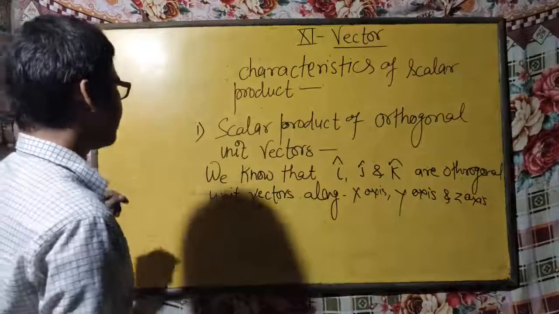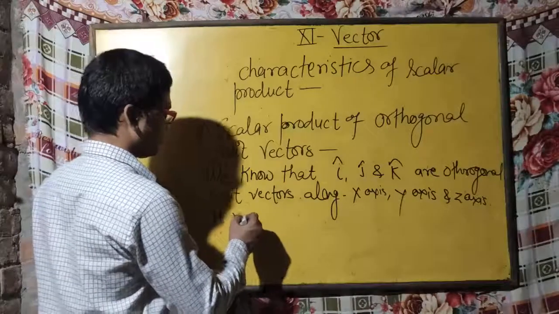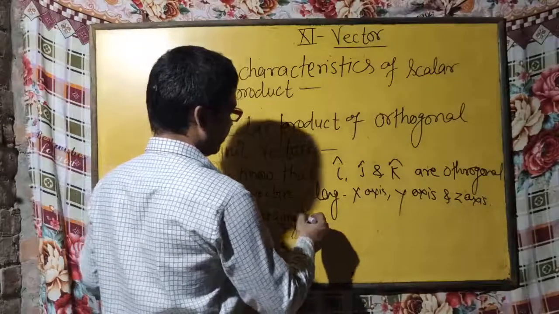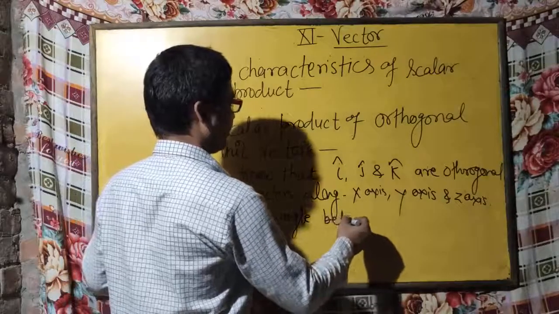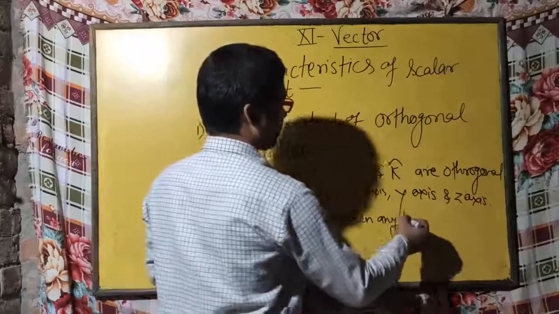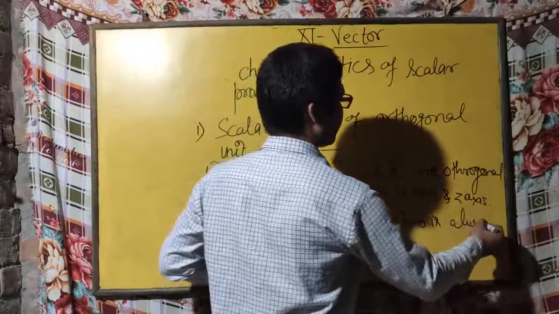So it means the angle between any two is always 90.